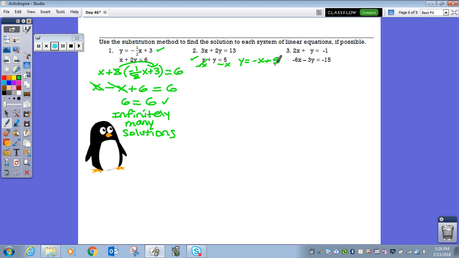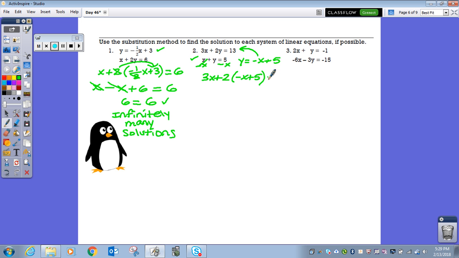And so now I can take this equation, this y, and I can plug it in for the y in the first equation, right? That would have to be my next step here. So 3x plus 2y, but we know what y is, right? I'm going to replace the y with negative x plus 5 because we just figured that out, right?